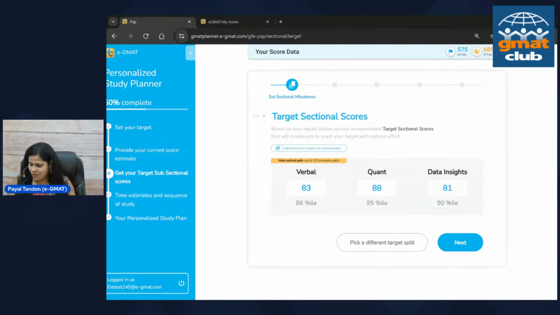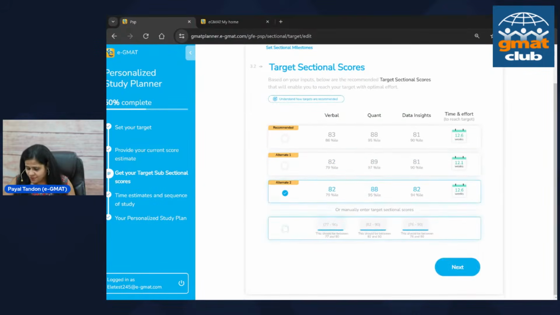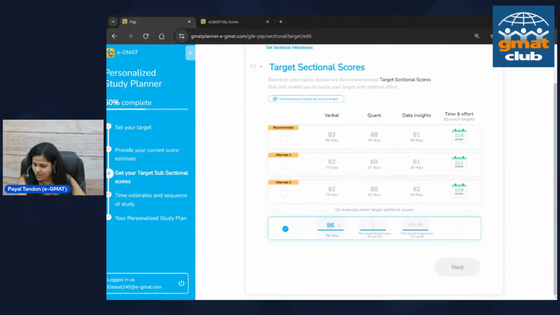Now, I may want to choose an alternate path over here. So I could say, let me push my quant a little bit more, so I could go with the alternate one. Or I could say, let me push my DI a little bit more, I am actually better than what I performed, right? Or I can say, you know what, I really want to do my verbal at 86.